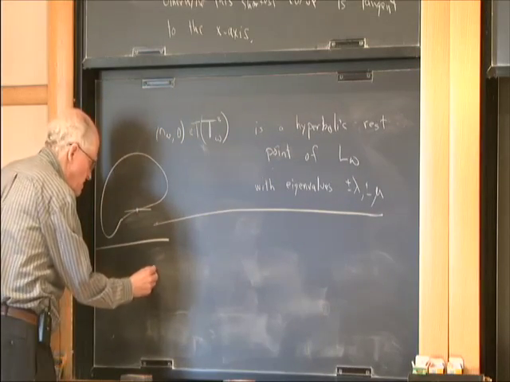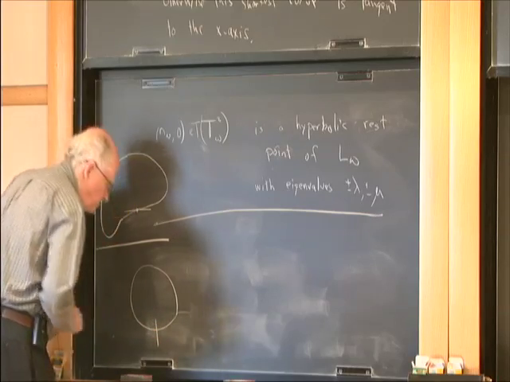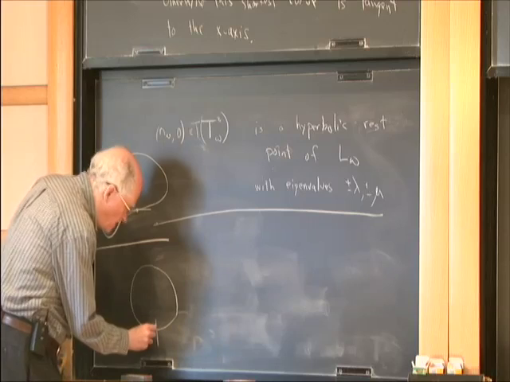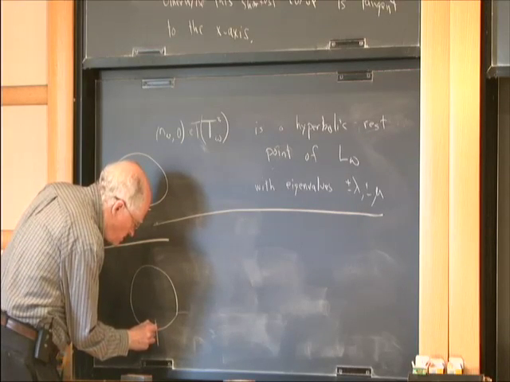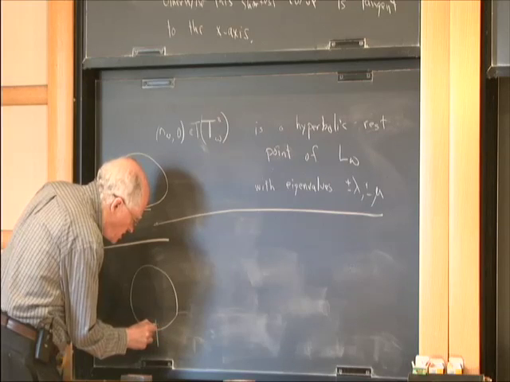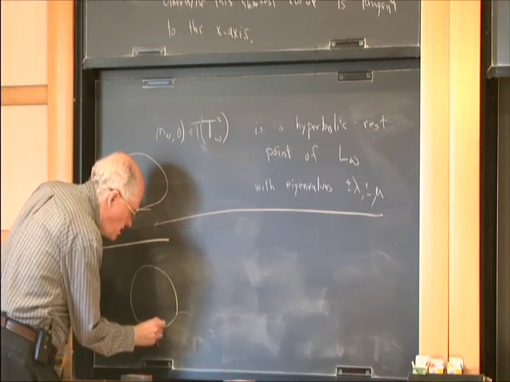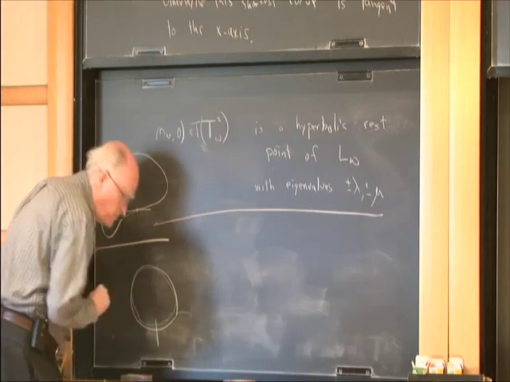There are various ways to define it, but one way is to take a transversal and you take shortest curves passing through points on the transversal and in the same homology class.